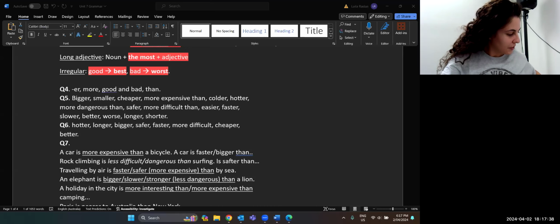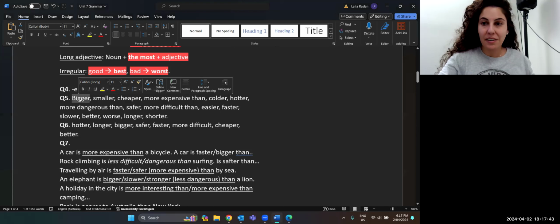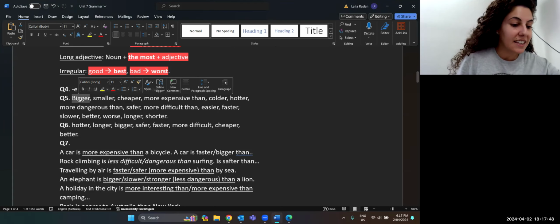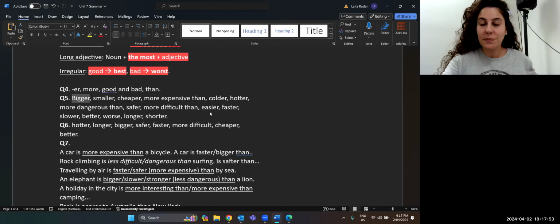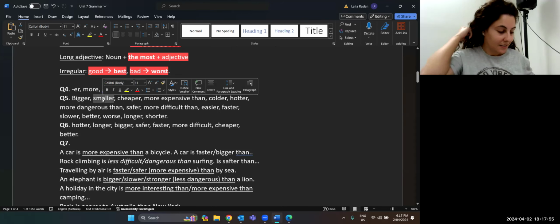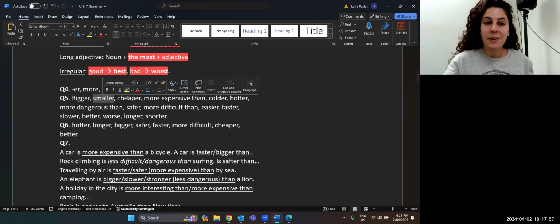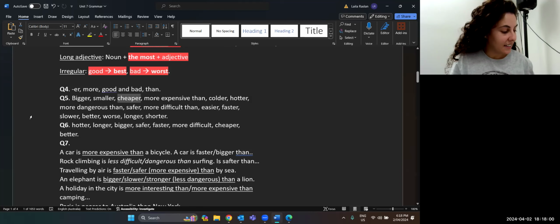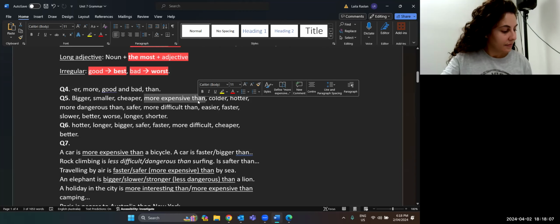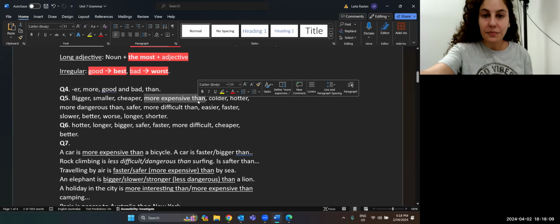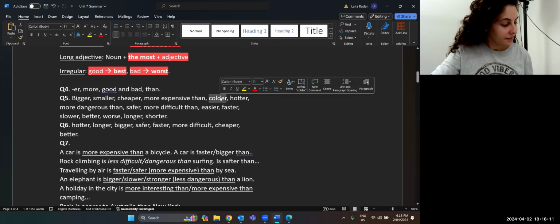So we have number 5. We were writing the comparative form. So if we have the adjective big, the comparative is bigger. Small, smaller. Cheap, cheaper than. Expensive, it's a long adjective, so more expensive than. Cold, colder.